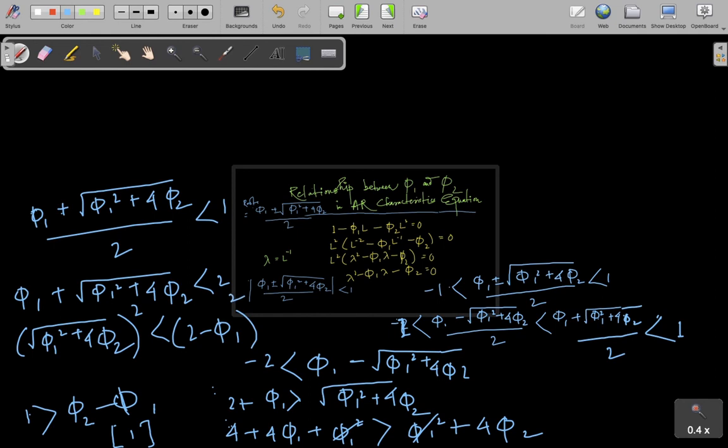So let me use a separate space. Let me just put an arrow here so that there is no problem in understanding.